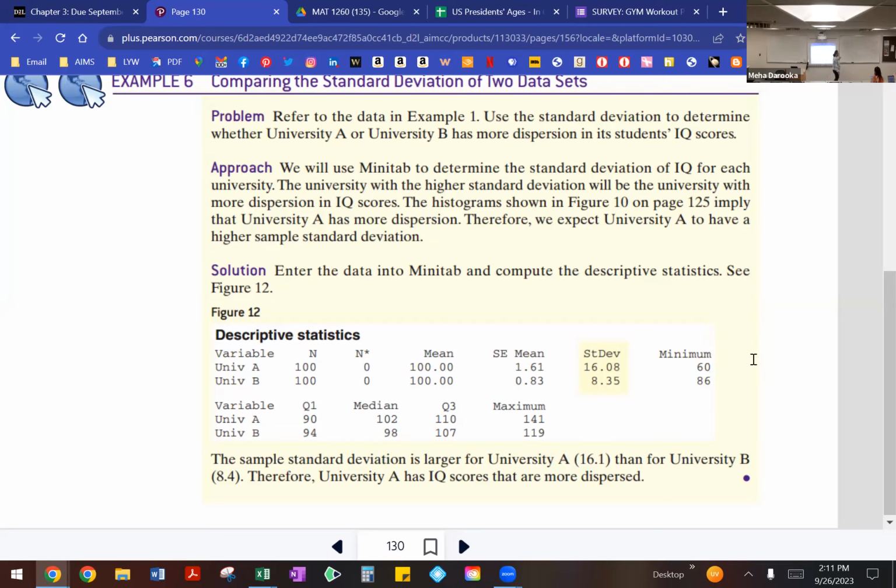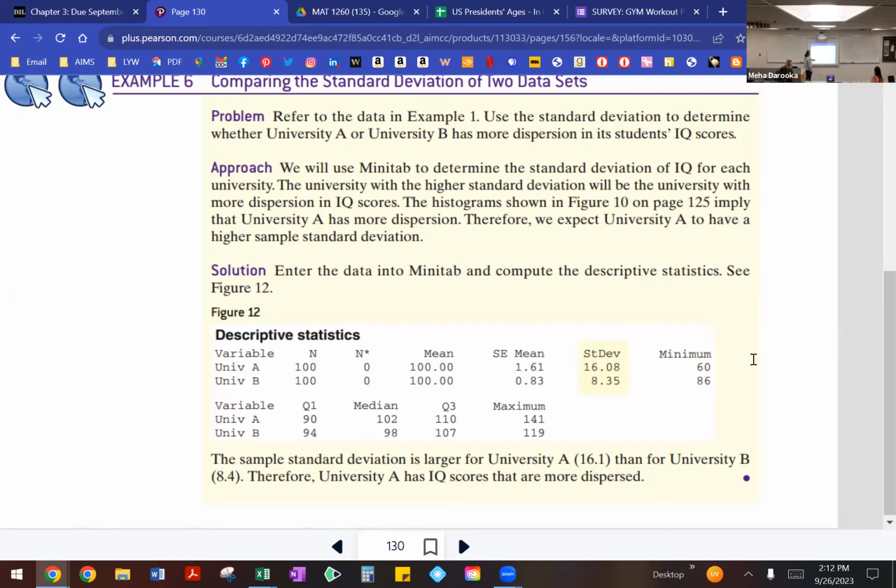Because both the universities have 100 as their mean. So the mean wouldn't be able to tell us which data is more spread out, if the mean were closer or further away. So in this case, we only have the standard deviation.